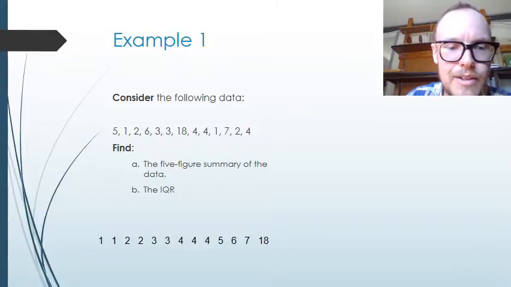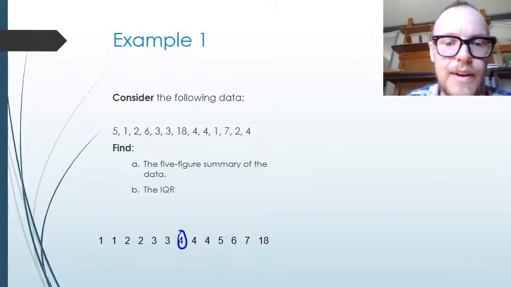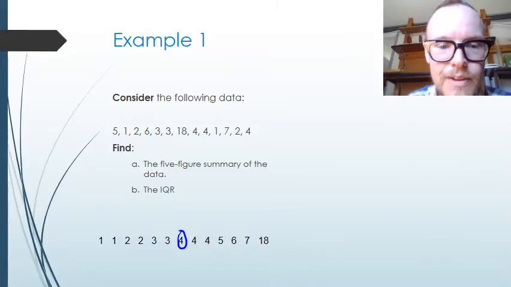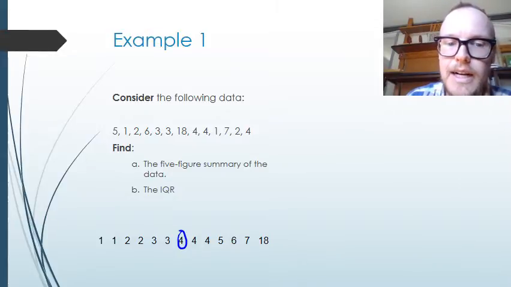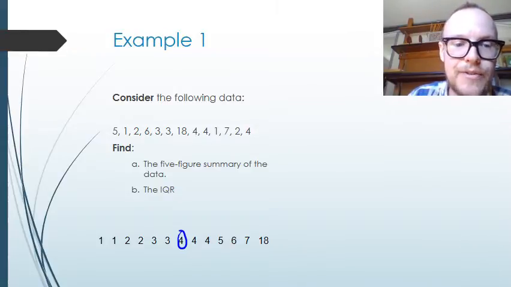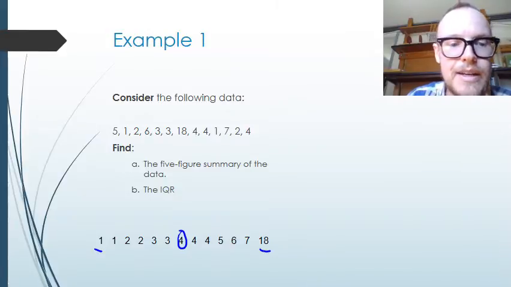So 1, 2, 3, 4, 5, 6, 7. Our middle value is 4. That's our Q2, and we're going to remove that value when considering the quartiles. The minimum and maximum values are easy to find, so we can start listing those now.